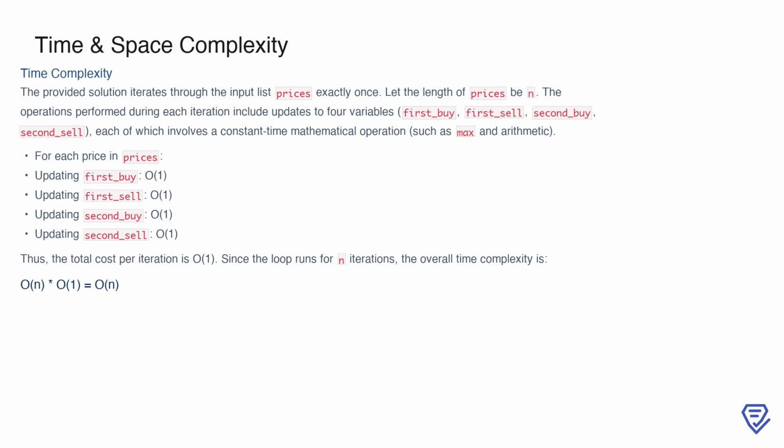Each of these updates involves a simple mathematical operation, such as calculating the maximum of 2 values or performing basic arithmetic, all of which take constant time, or O(1). Since these updates are performed once per price in the list, the total work done in each iteration is still O(1). Multiplying this constant operation cost by the n iterations of the loop gives us an overall time complexity of O(n). This linear complexity ensures the algorithm is efficient, even for large input sizes.